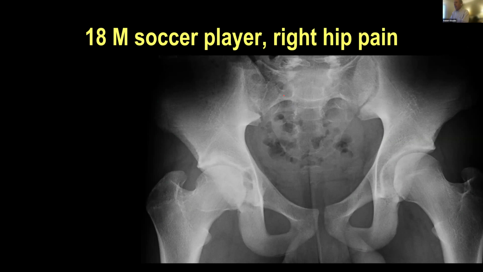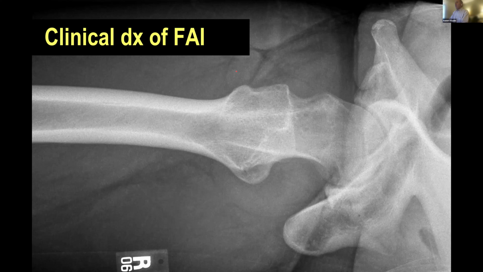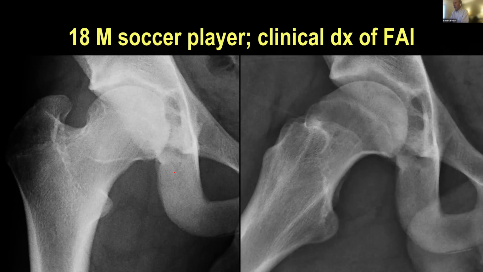Right hip pain. So often we see these areas of osseous hypertrophy at the anterolateral aspect of the femoral head neck junction, indicative of CAM morphology, predisposing patients to the CAM form of FAI.